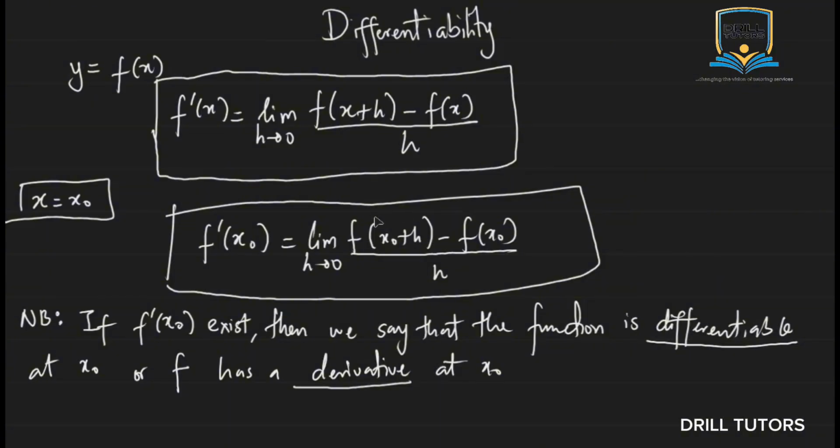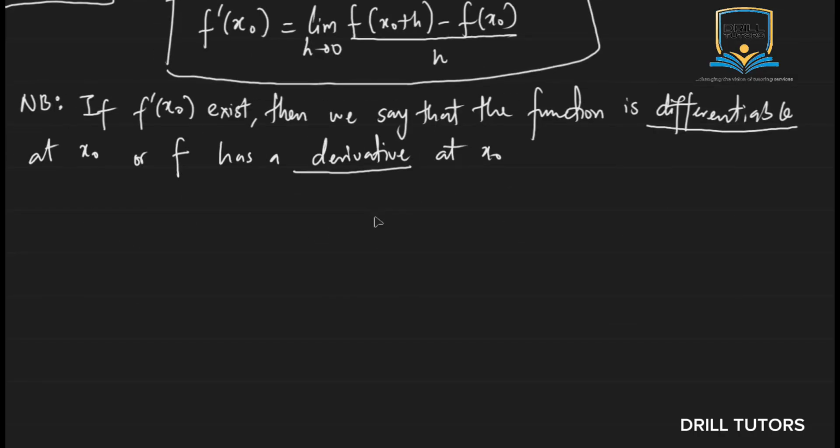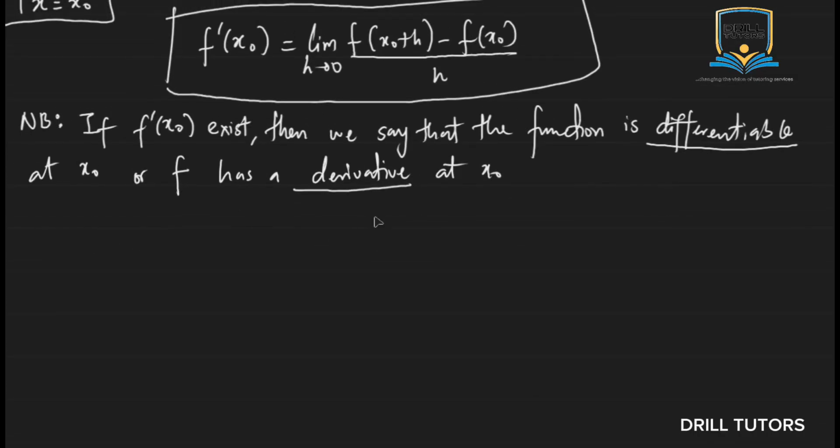Now, let's also discuss the two conditions I talked about for you to consider or observe before you conclude that a function f at x naught, or f of x generally, has a derivative at x naught. And what are the two conditions?